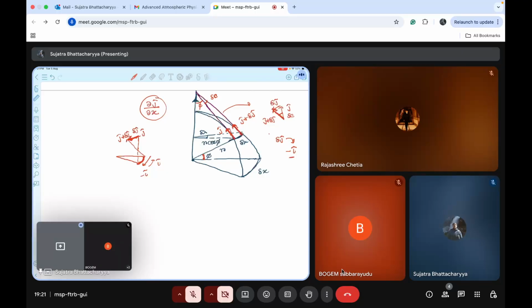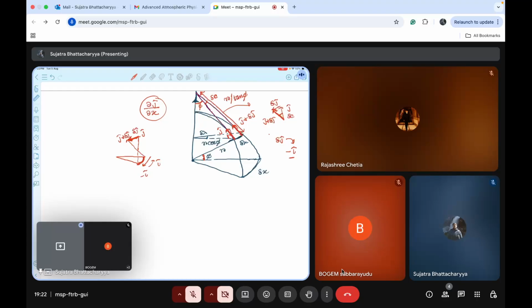See, this line, this magenta or purple line which we have drawn, is actually perpendicular to your r cos phi, right? This is perpendicular. So this magnitude, whatever I have written here, this part will be r divided by tan phi. How is it happening? Very simple. Just see.